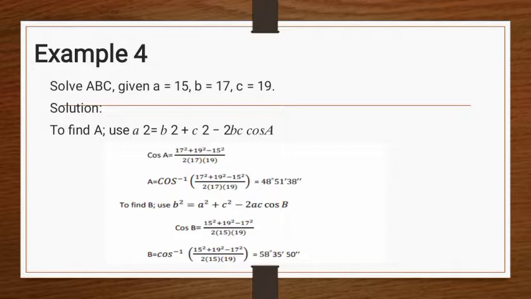A equals cos inverse of that, which is 48 degrees 51 minutes and 38 seconds.